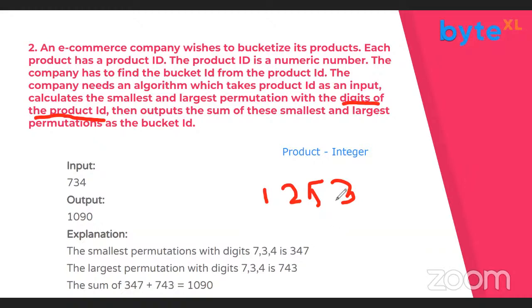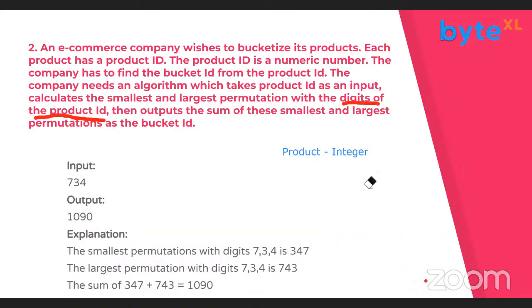To find the smallest permutation, the first place will be occupied by 1 because it is the smallest one. The second place will be occupied by 2, the third place by 3, and the fourth place by 5.